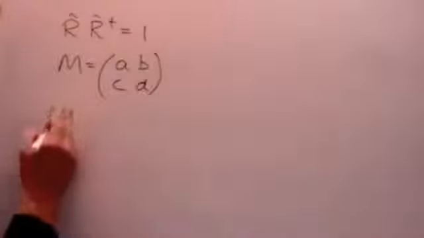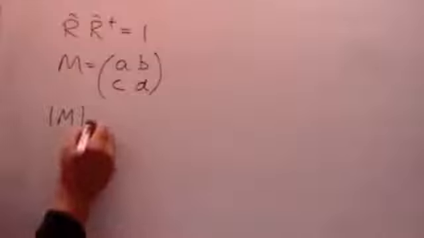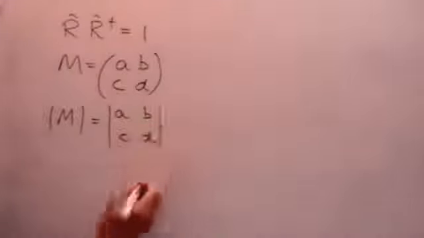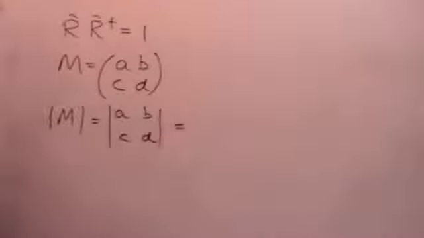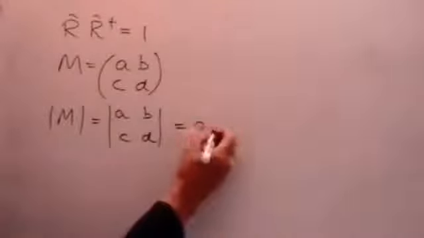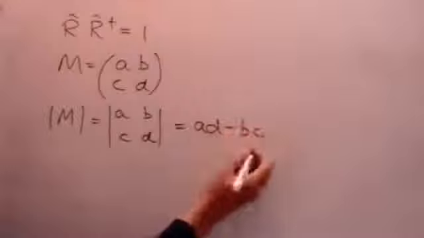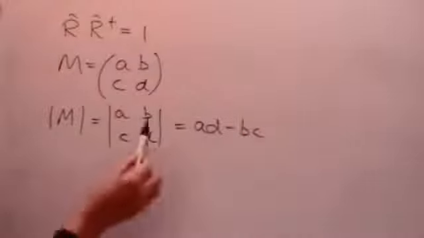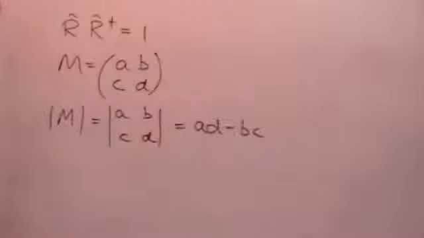If the matrix is, I'll just do a 2x2 matrix, given by A, B, C, D, then the determinant, which we show by putting straight lines on either side, is equal to A, B, C, D in straight lines. That means determinant. And its value is AD minus BC. That is to say, it is the product of the diagonal minus the product of the off diagonal.